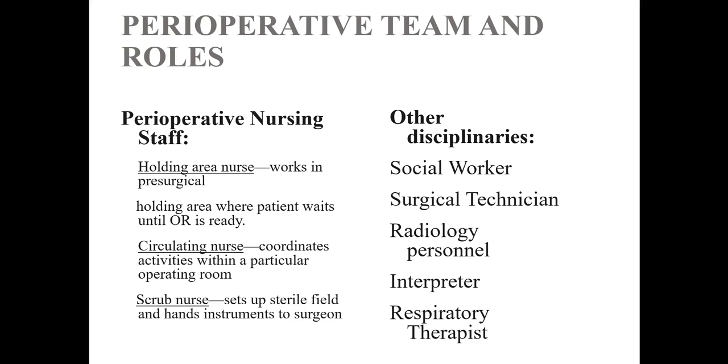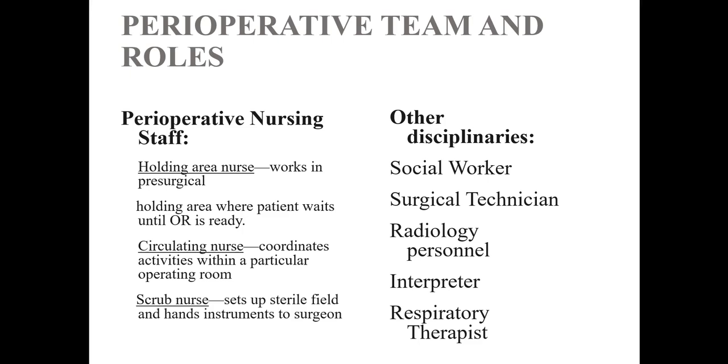Okay? You have the scrub nurse or the assistant. That's a nurse or a surgical tech who prepares the surgical setup. They maintain surgical asepsis while draping and handling instruments. They assist the surgeon by passing the instruments, the sutures, the supplies.